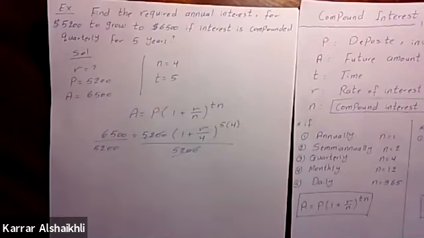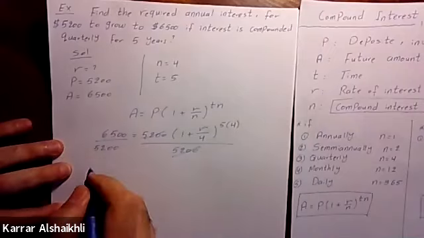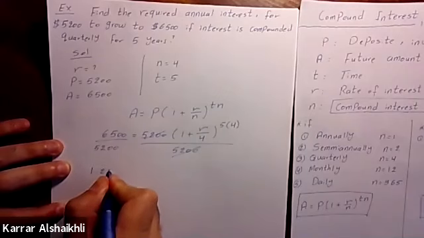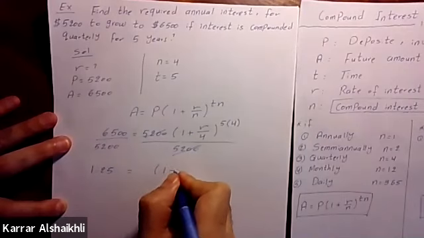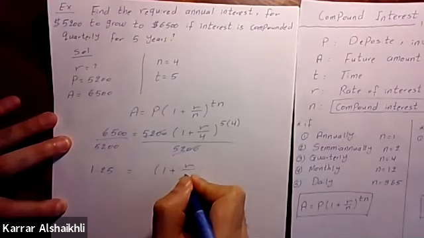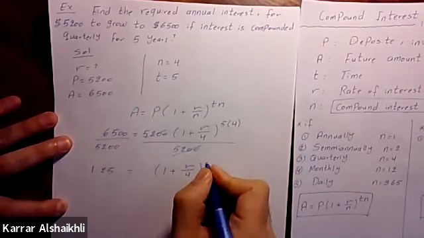And what's left on the other side is 1 plus r over 4 to the 20.